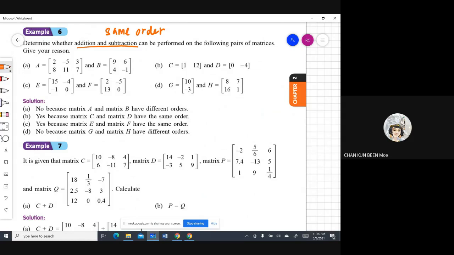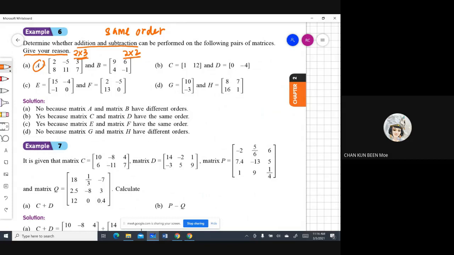Matrix A is 2 by 3 and matrix B is 2 by 2. The order is different, so it cannot be performed. They ask you to give your reason: because matrix A and matrix B have different orders.